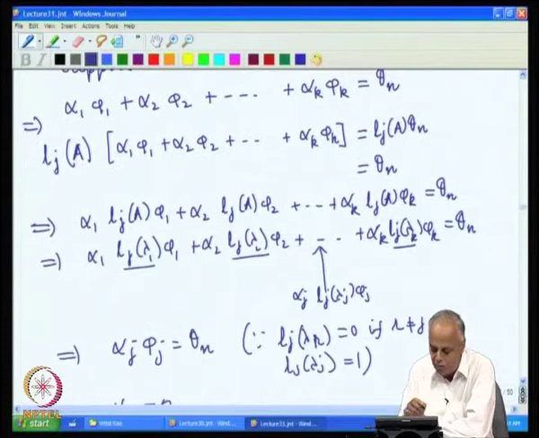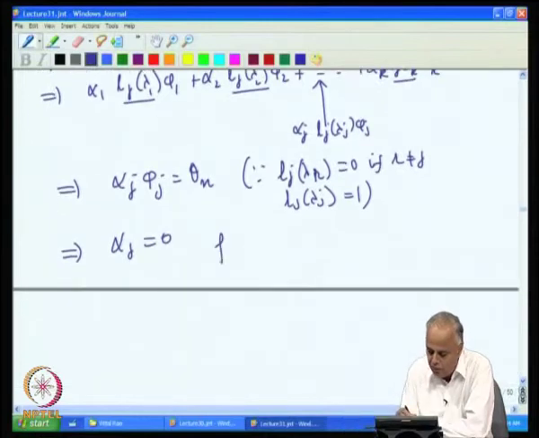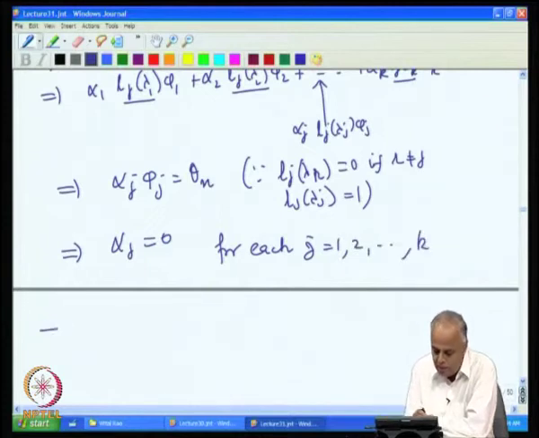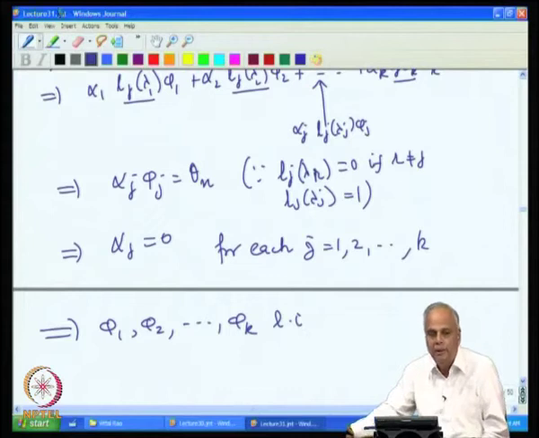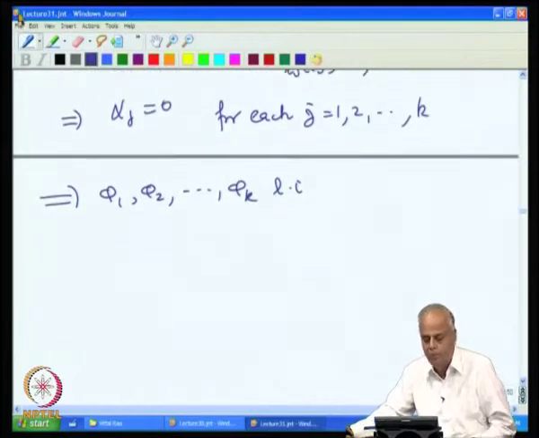If we start with L 1, we get alpha 1 is 0. If we start with L 2 here, we get alpha 2 is 0. So, therefore, for each j equal to 1, 2 up to k. So, that says phi 1, phi 2, phi k are linearly independent, and this is the result we said in the last lecture that we would prove later.